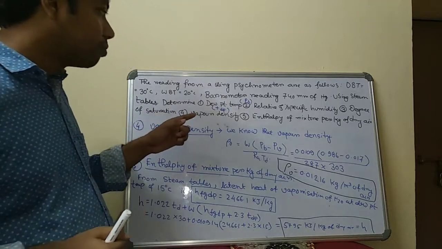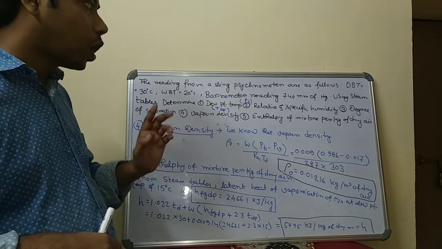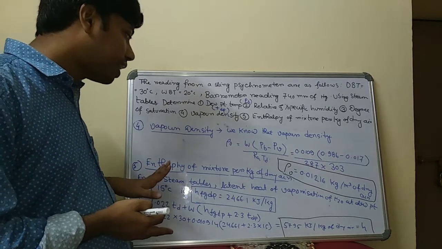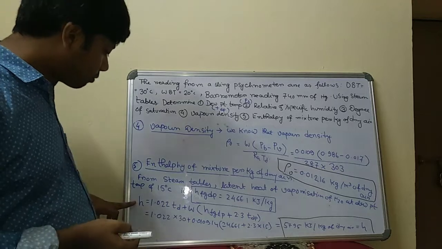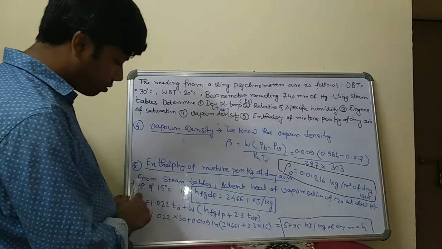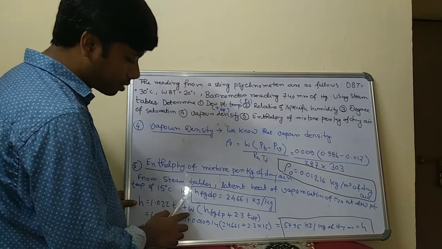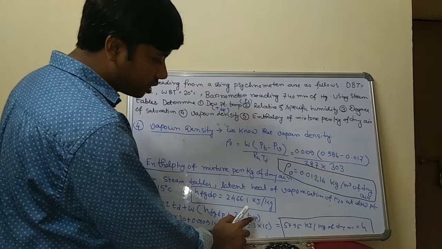Now in the last part of the numerical, you have to calculate the enthalpy of mixture per kg of dry air. This is the formula to calculate it. We already elaborated these equations: H is equal to 1.022 TD plus W into HFG dP plus 2.3 TdP.